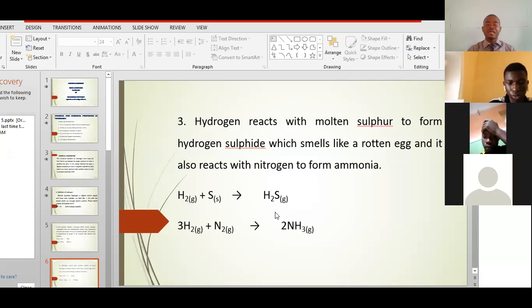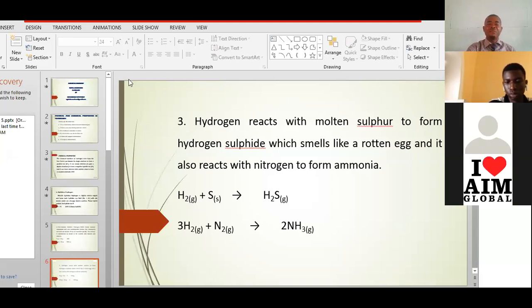Now, looking at the question for the reaction. 1 mole of hydrogen gas reacts with 1 mole of sulfur to give us hydrogen sulfide. Remember that sulfur is solid, but by the time you heat it to form a molten form of it, then we say molten sulfur. Molten sulfur reacts with hydrogen to form hydrogen sulfide, which smells like a rotten egg.